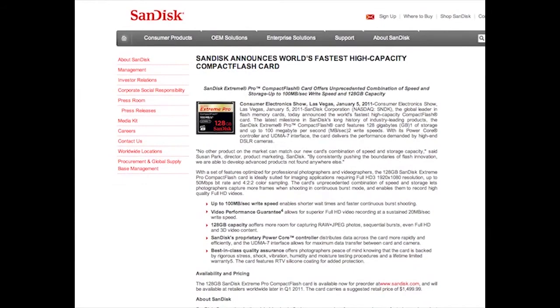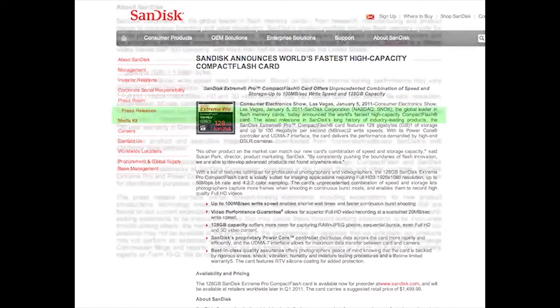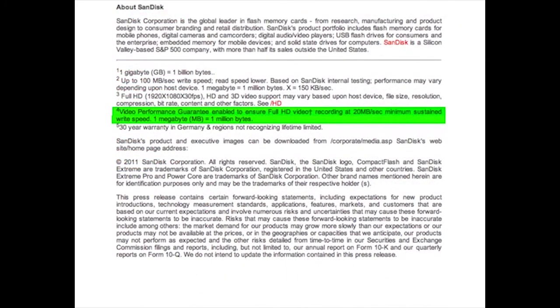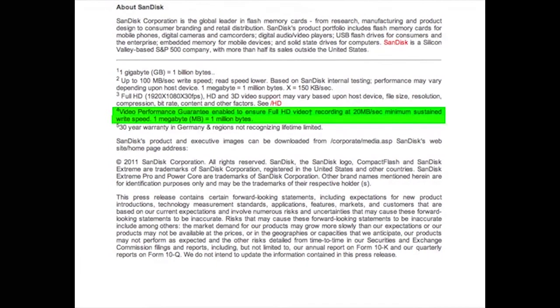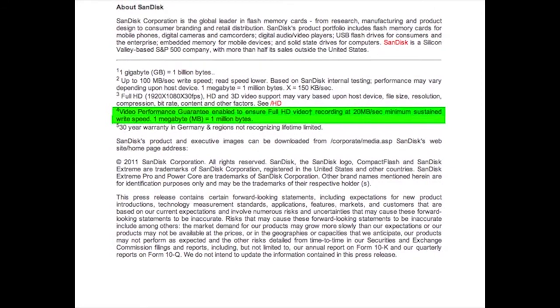If you look at SanDisk's description on its UDMA6 card, it says it has a minimum sustained speed of 20 megabytes per second. That doesn't sound like a lot when you're shooting on a 90 megabyte per second card. You can only imagine what the sustained speeds are on cards that are rated at a much slower speed.